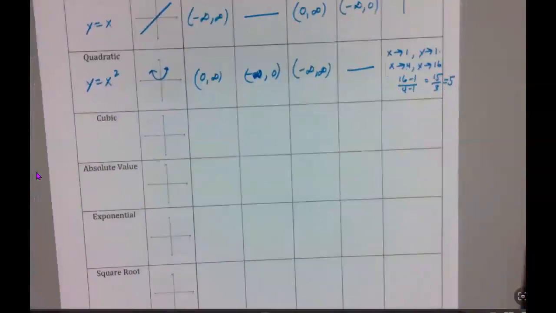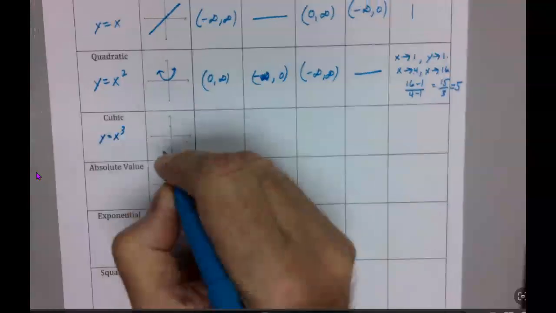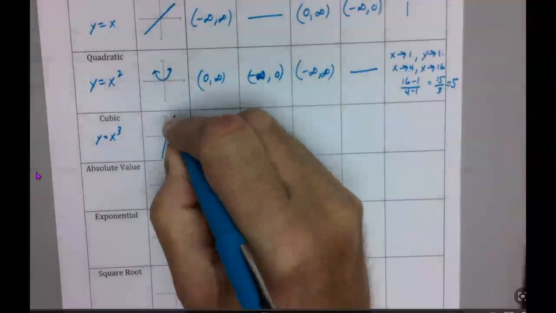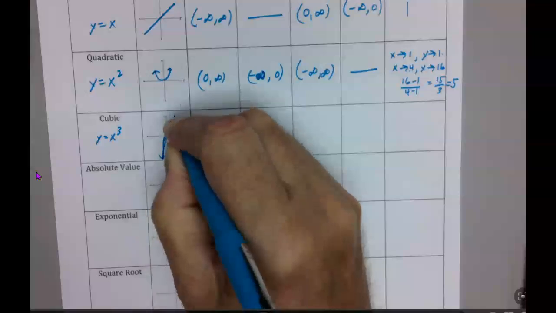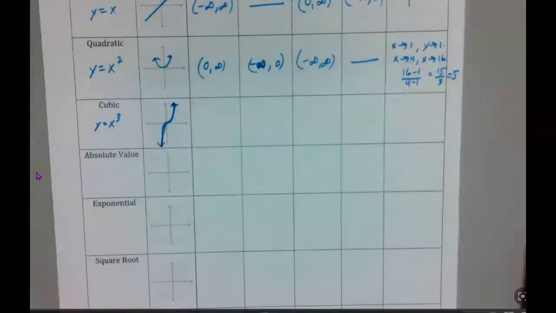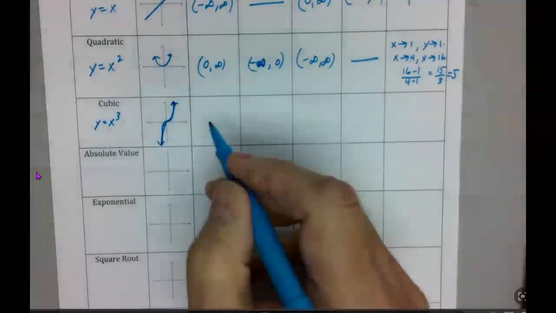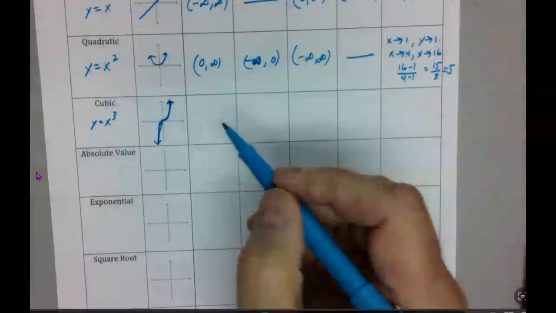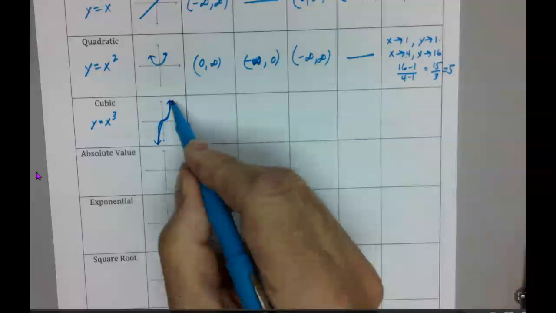Okay? Cubic is y equals x cubed. It looks like this. Okay, it's increasing from 0 to infinity, correct?